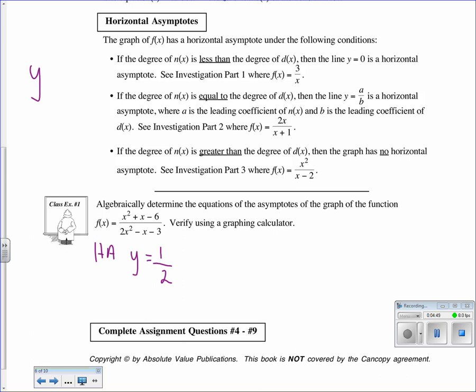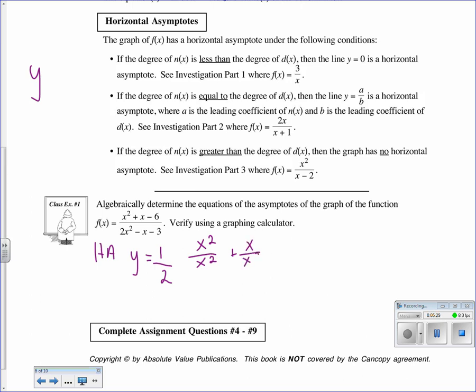So as x gets very, very large, or as x gets very, very small, you end up with essentially infinity squared plus infinity minus 6 divided by 2 times infinity minus infinity minus 3. And I get the remaining concept if I can divide every term by x squared, by that overpowering concept. So I'm going to take every term and divide by x squared. That's how horizontal asymptotes have been studied.